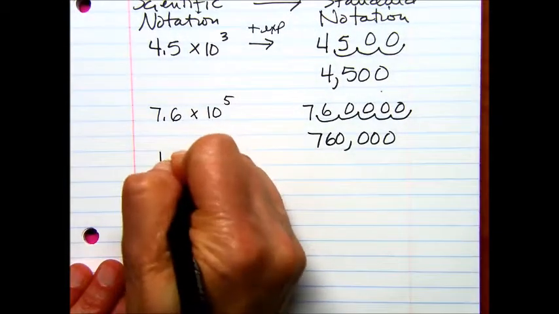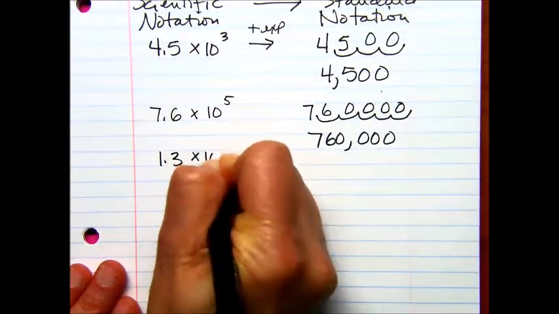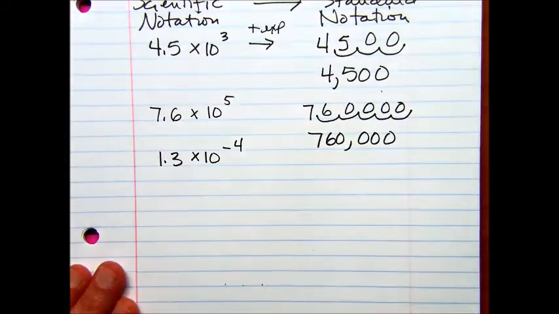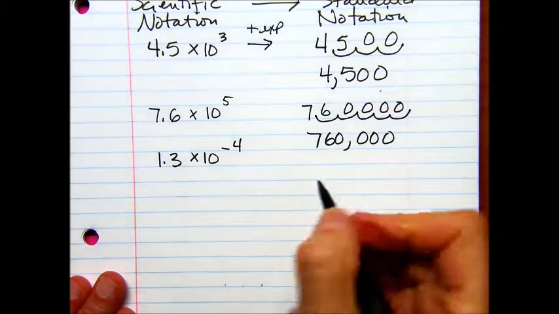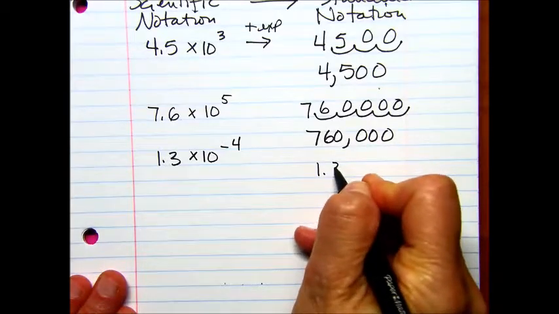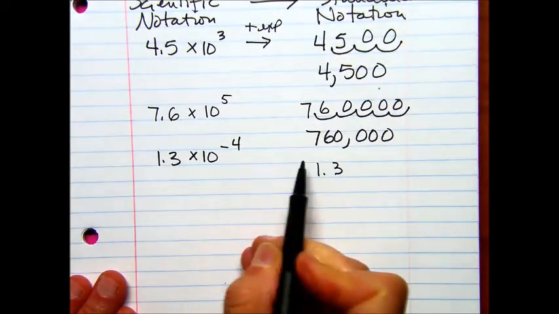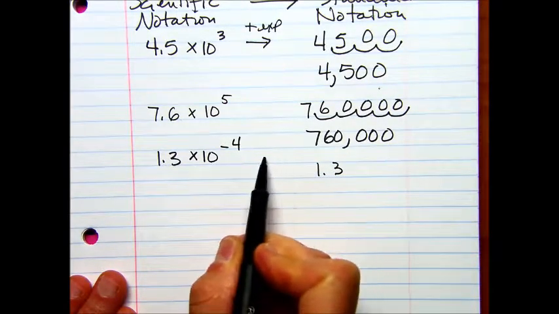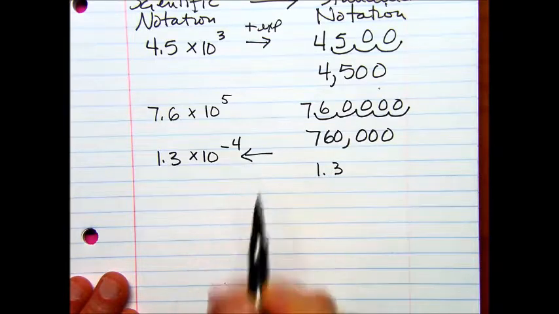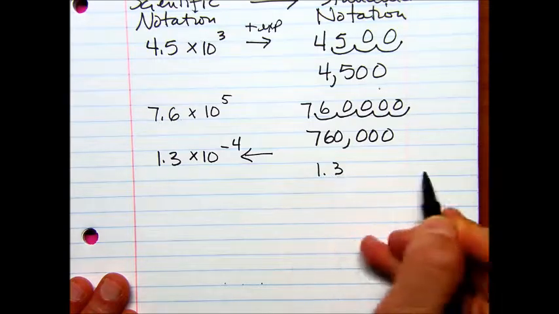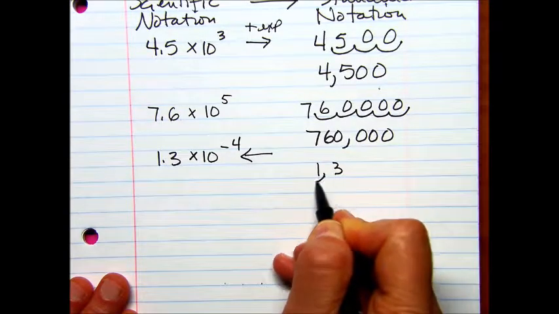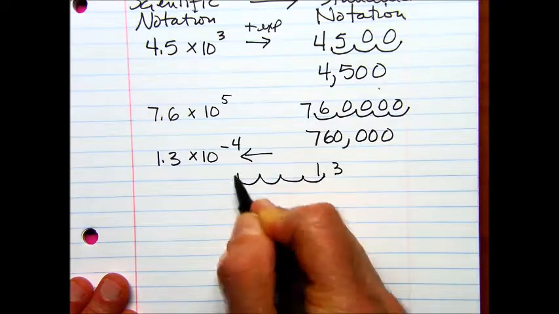Let's go with 1.3 times 10 to the negative fourth. I'm going to write my 1.3 here. Now instead of moving the decimal over to the right, I'm going to move the decimal over to the left. So instead of going this way, I'm going to go this way, and I'm going to go 1, 2, 3, 4.